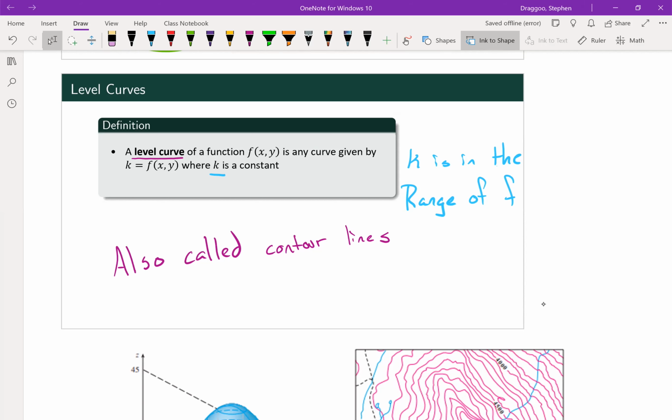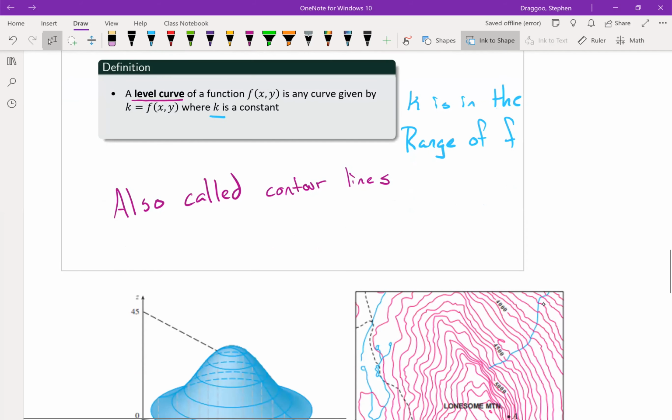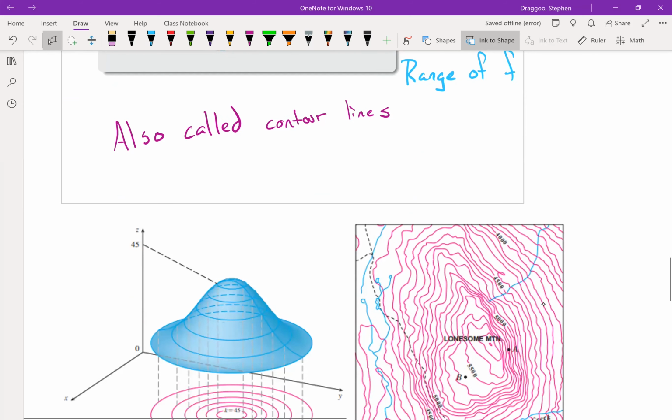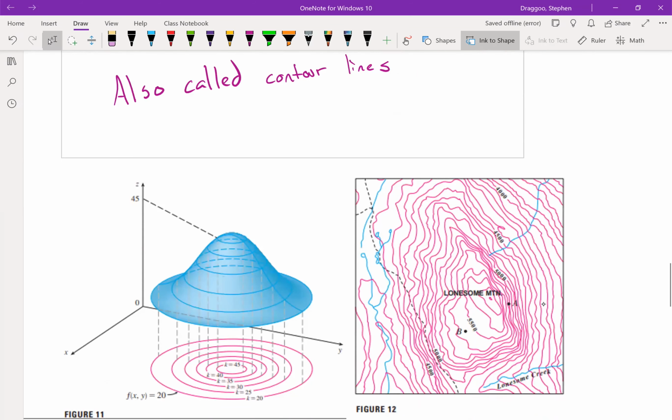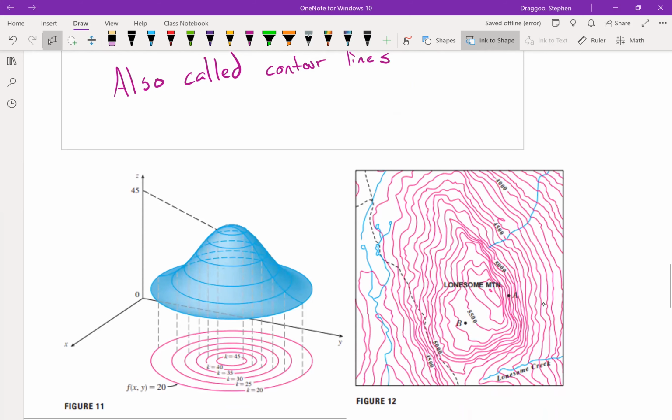Level curves are also called contour lines, which if you've looked at topological maps, you might be familiar with that term. A level curve or a contour line should show all of the places of the same height on a graph somewhere.